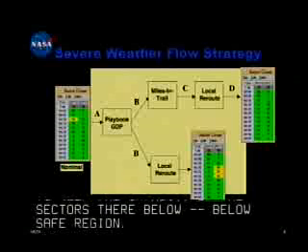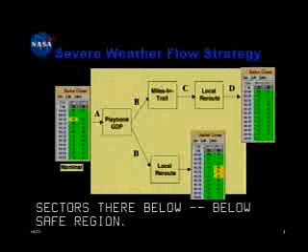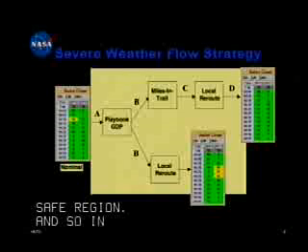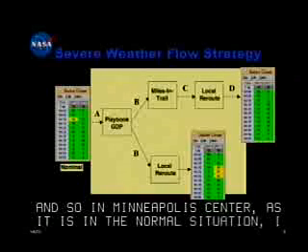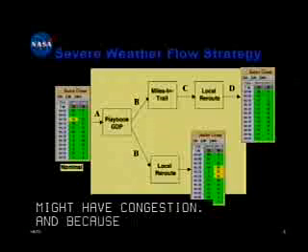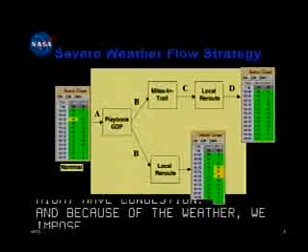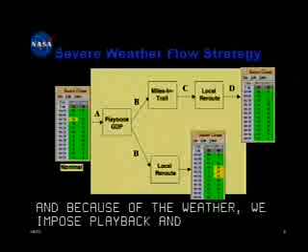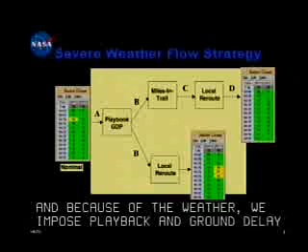And so in Minneapolis center, as it is in the normal situation, I might have congestion. And because of the weather, we impose playbook and ground delay programs. And this causes even more congestion, which may be one option.